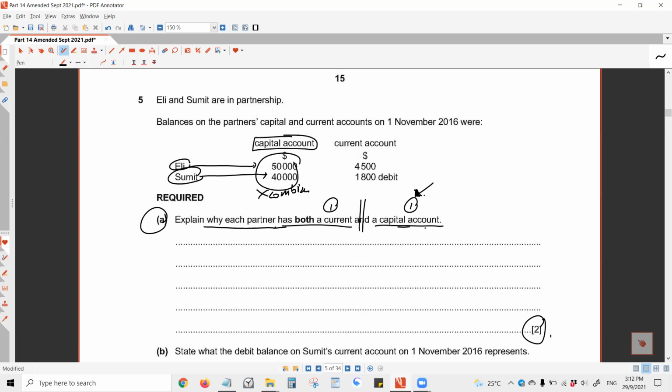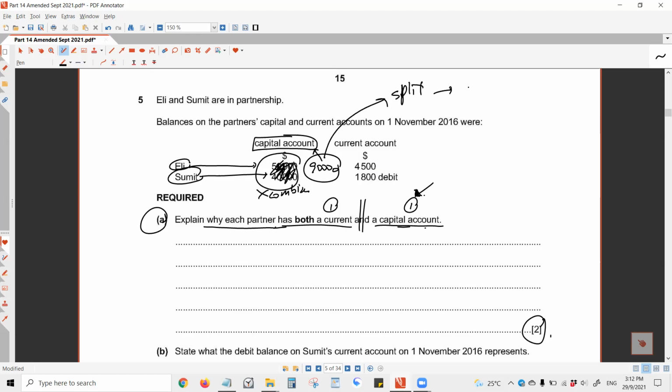If you combine them, you get 90,000. Does it make your life more difficult when you calculate interest on capital for Ellie and Sumit? Yes. If you combine this to become 90,000 in the capital account, you have to split it again.